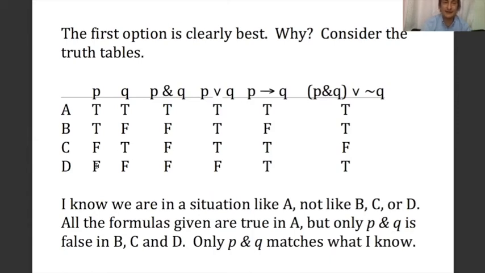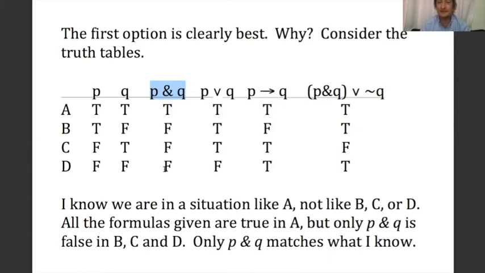And where it's not raining and the streets are dry, again, it's raining and the streets are wet, is false. So this expression, P and Q, adequately describes the situation we're in and also gives you an expectation that we're not in any of the other situations.